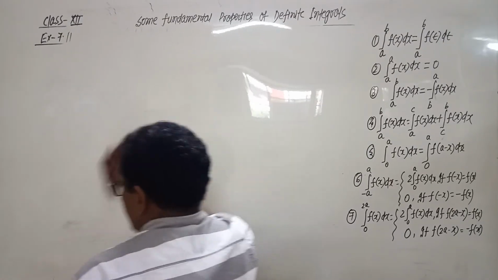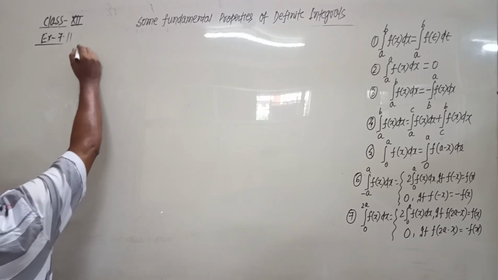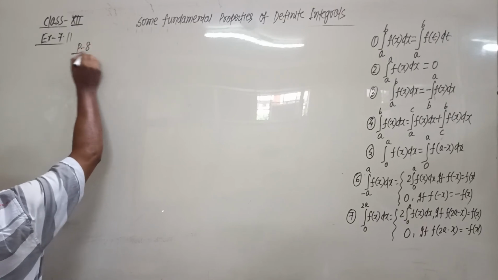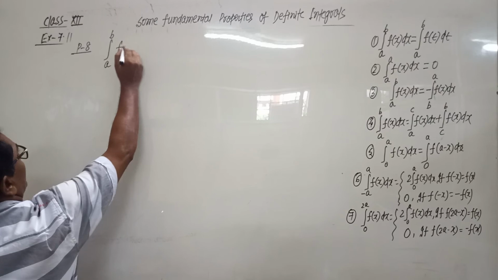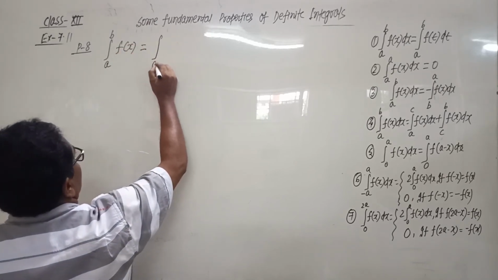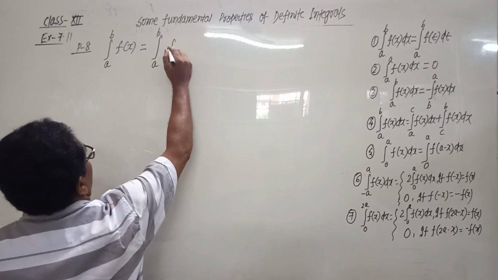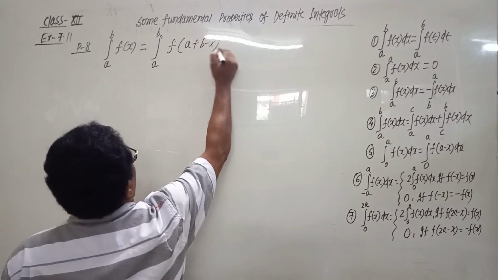Now the last property, and that is integration a to b f of x dx, property number 8. Integration a to b f of x dx is equal to integration a to b f of a plus b minus x dx.